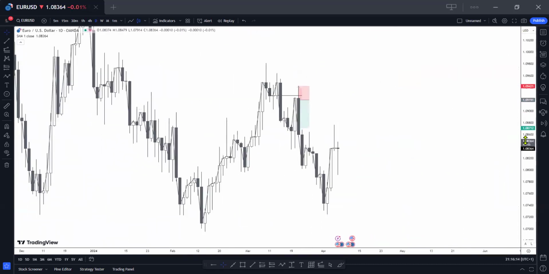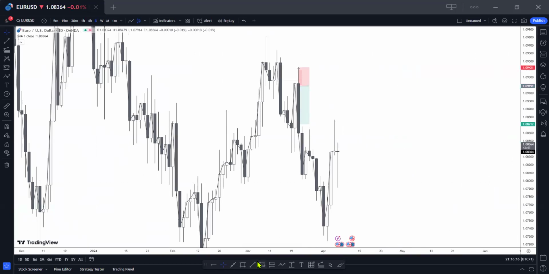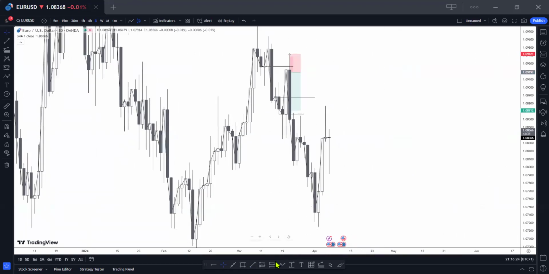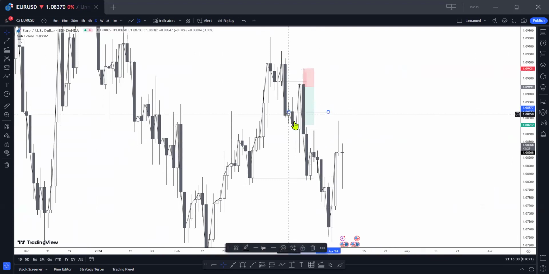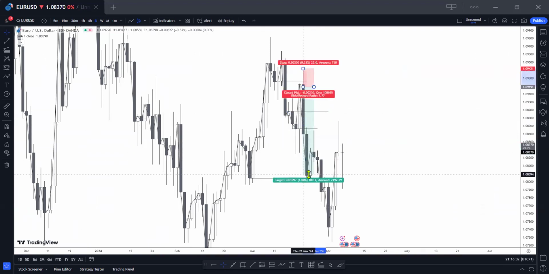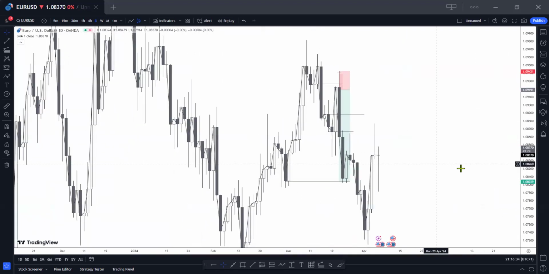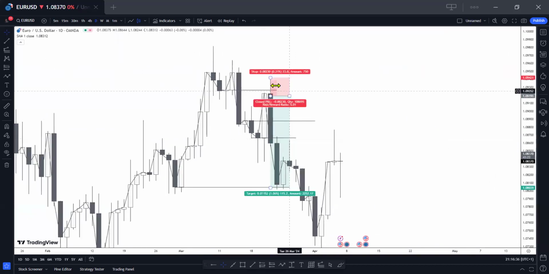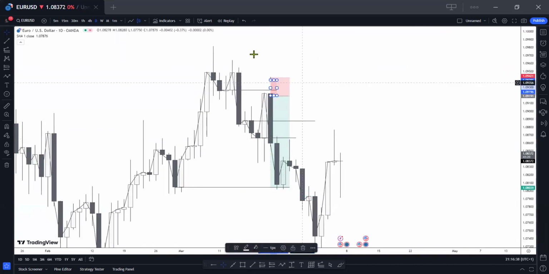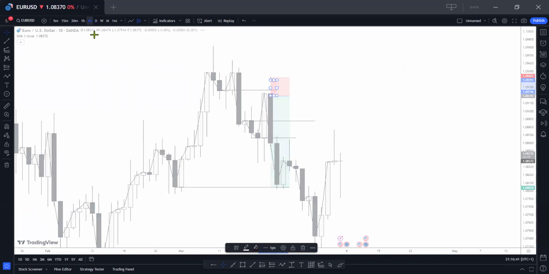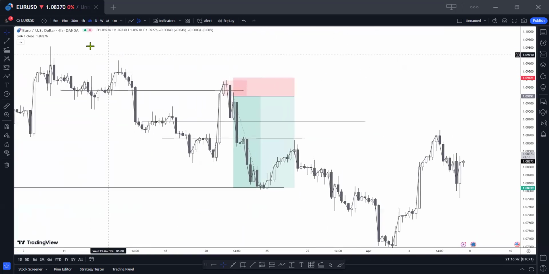The next daily level is this level. Price broke this and came all the way down. So how did you confirm this sell? With H4 breakouts, H4 engulfing, or H1.